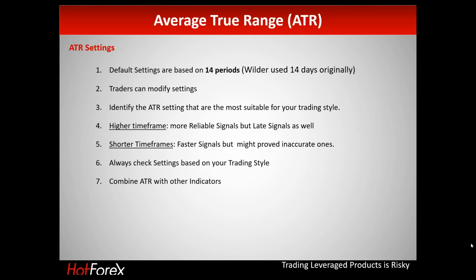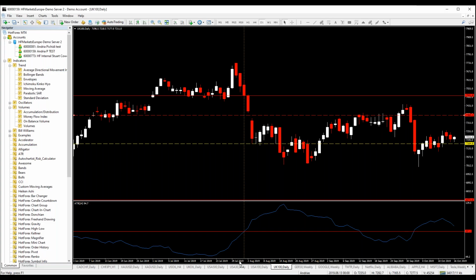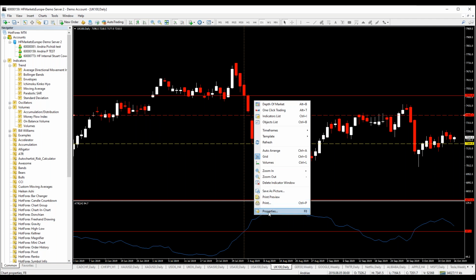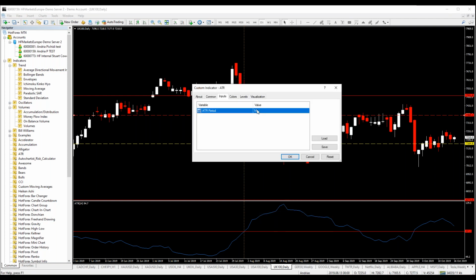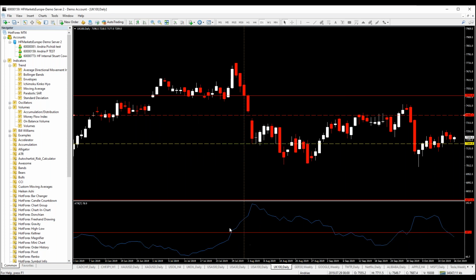Okay. So let's take, for example, in this situation, my ATR looks just fine. But in case someone decided to change the ATR properties from 14 days to, you know what, I want faster signals, so I will set the ATR to 7. Okay, check, does it give you correct signals?